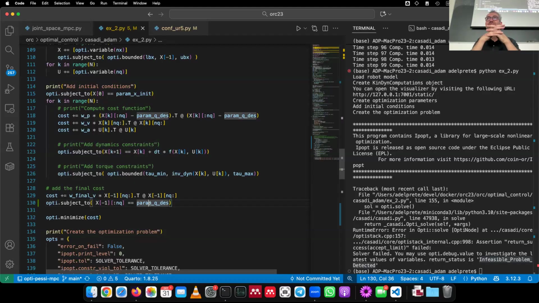It should be a control invariant set. What is an example I gave you of a control invariant set? Zero velocity set. So what should be the terminal constraint? The velocity of the joints. Exactly. Yeah, we should set the velocity of the joints equal to 0.